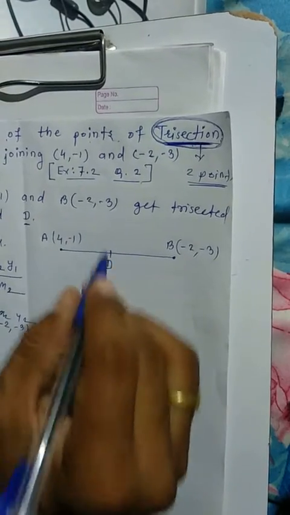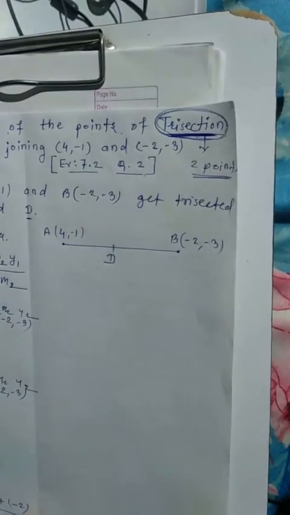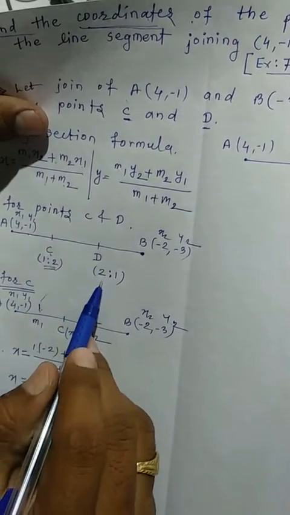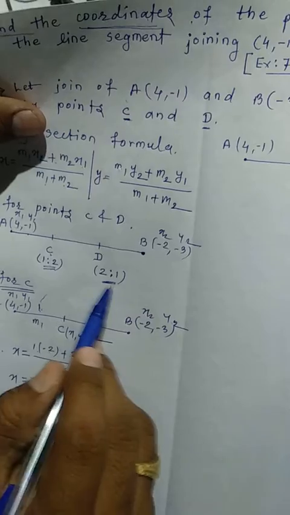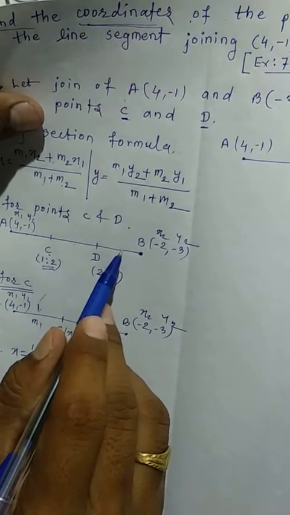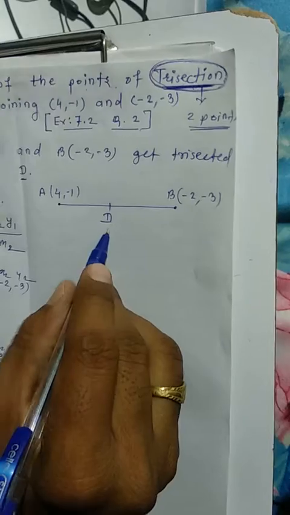See this diagram, C and D. For C the ratio is 1:2. For point D the ratio is 2:1. Why? There are 2 parts on the left hand side and 1 part on the right hand side. So the ratio is 2:1.